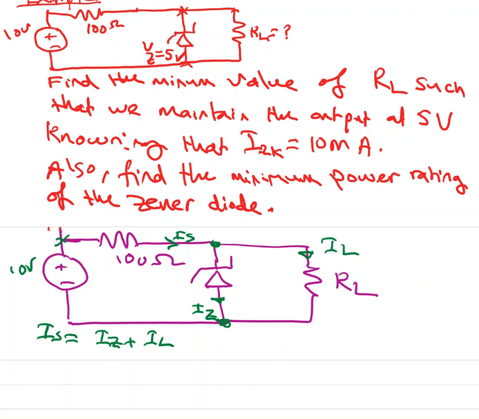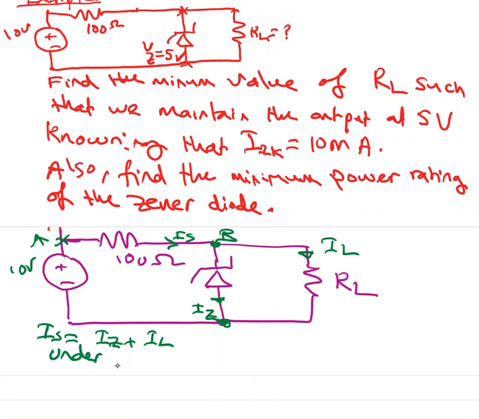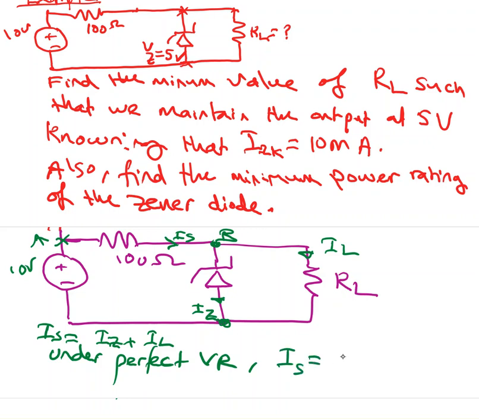So the voltage at A, and this is B. Under perfect voltage regulation, IS will be equal to 10 minus 5 divided by 100, which is 5 over 100, which is equal to 50 milliamperes.